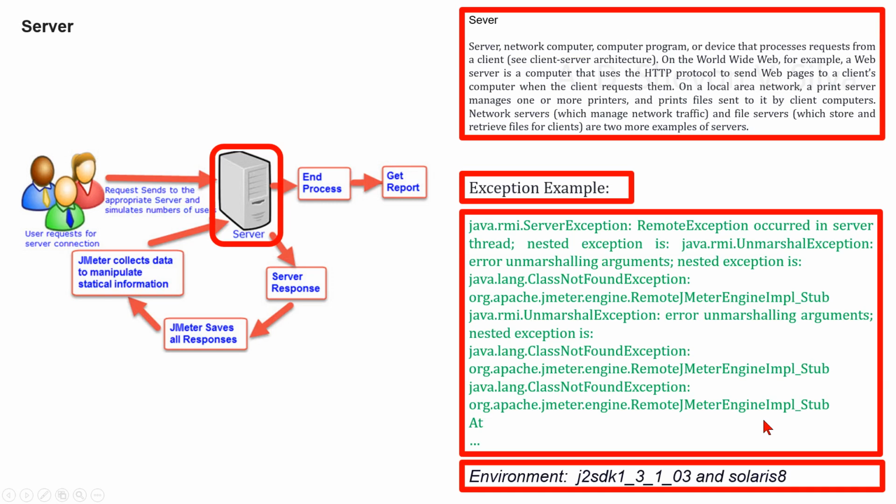Nested exception is java.rmi.UnmarshalException: error unmarshalling arguments. Nested exception is java.lang.ClassNotFoundException: org.apache.jmeter.engine.RemoteJMeterEngineImpl_Stub.